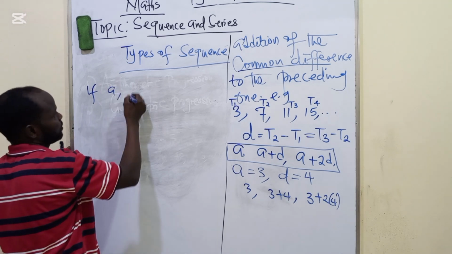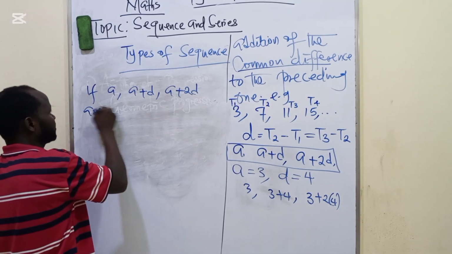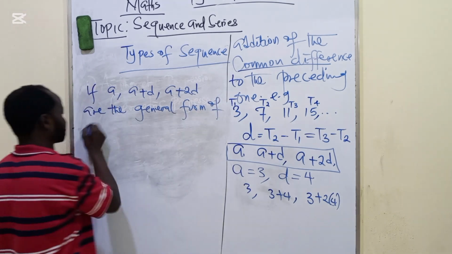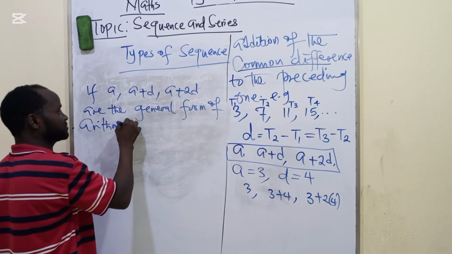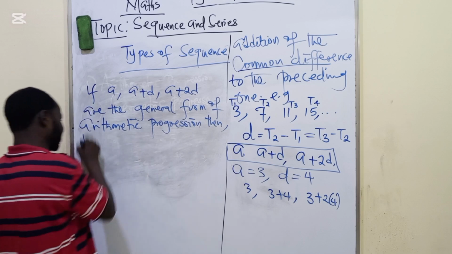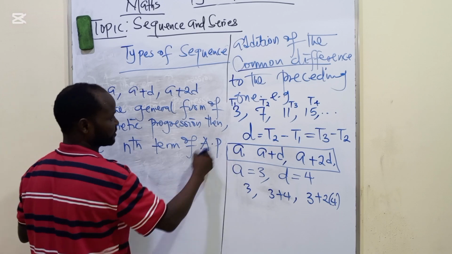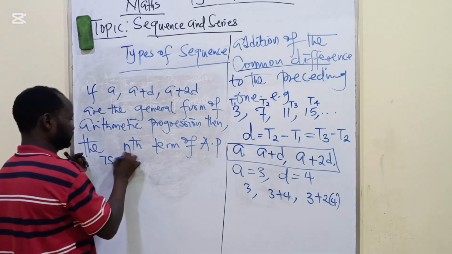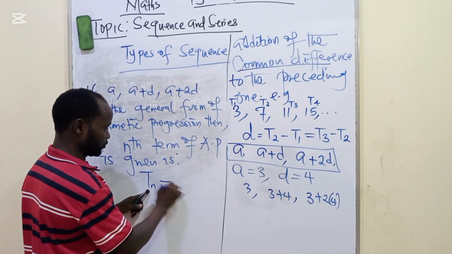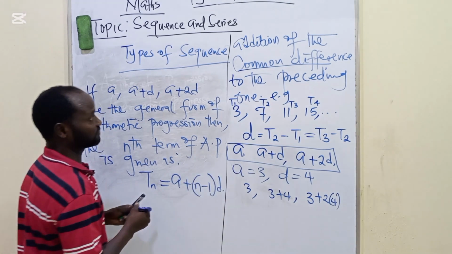If A, A plus D, A plus 2D are the general form of an arithmetic progression, then the nth term of AP, A for arithmetic, P for progression, is given as T subscript n equals A plus the number of terms minus 1 multiplied by the common difference.